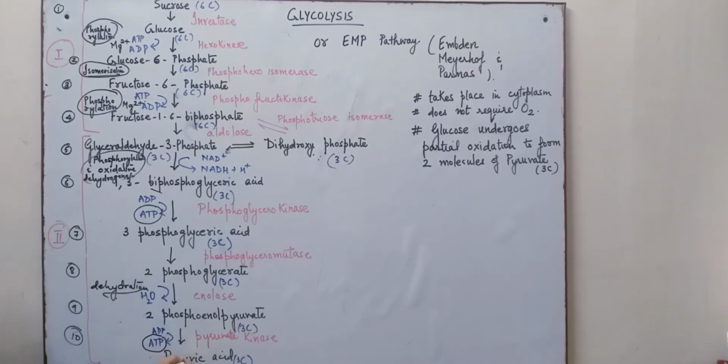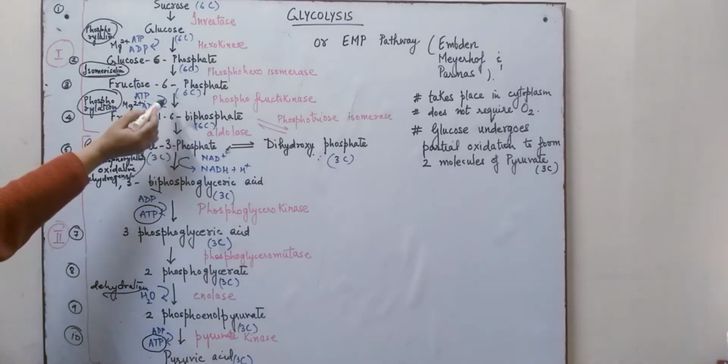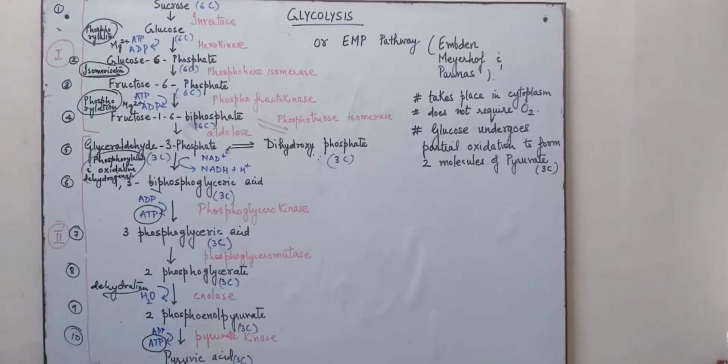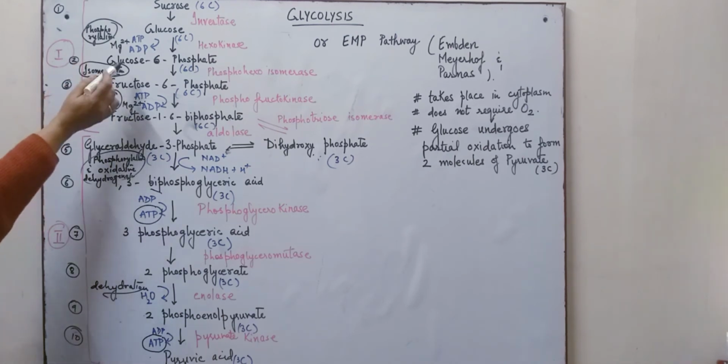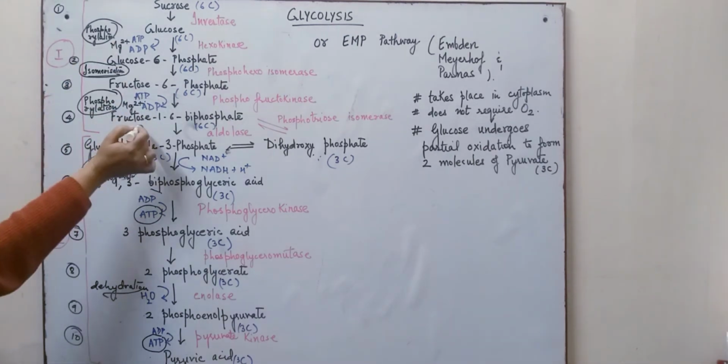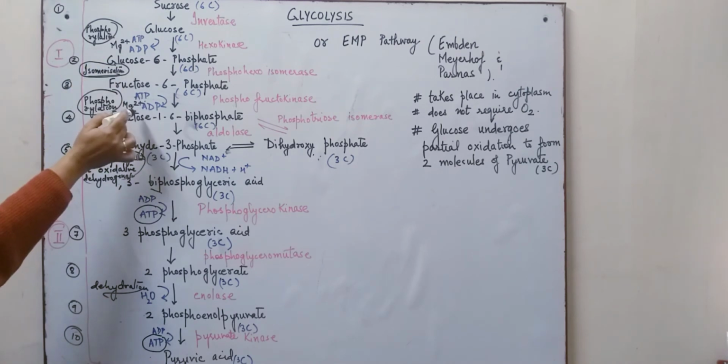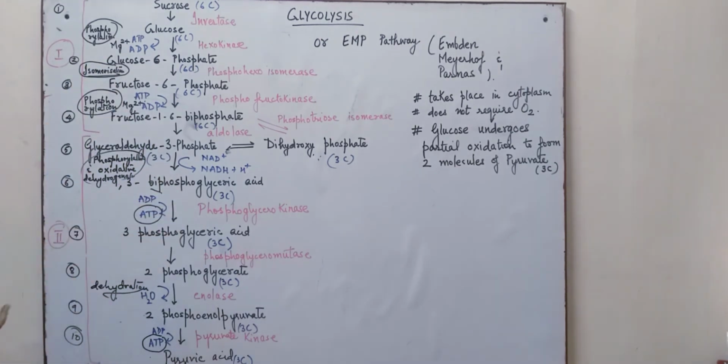of pyruvic acid, and in the first phase, if we just see in the first phase, that is the conversion of glucose to fructose 1,6-biphosphate, there is no energy gain because here in the first phase we are only utilizing the ATP, not producing the ATP.